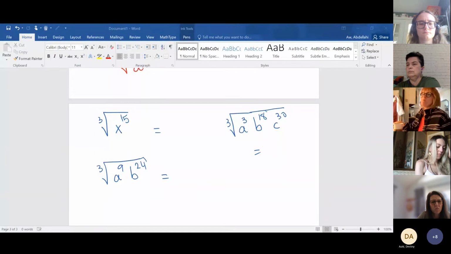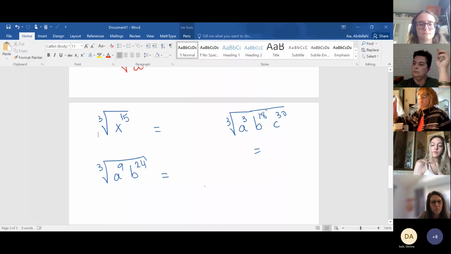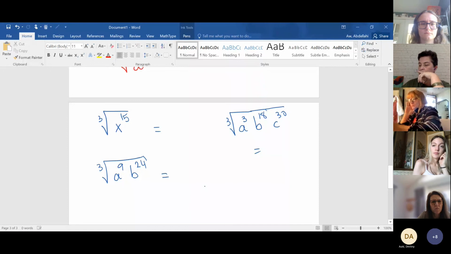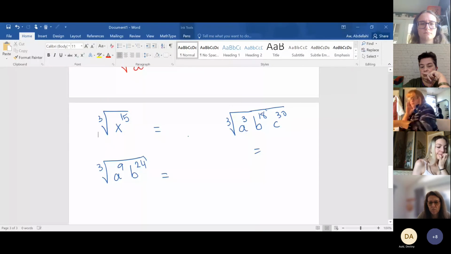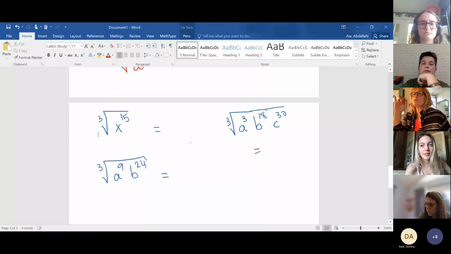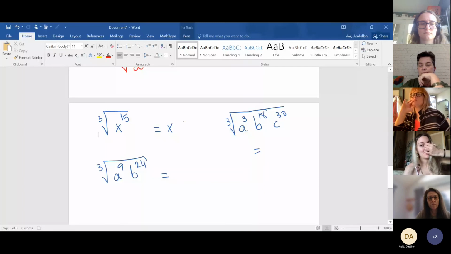All right, so if you retain what we just said, these are the examples where the answer is right there, right? For instance, the first one, what's going to be the answer? X to what power? X to the 5th, right?